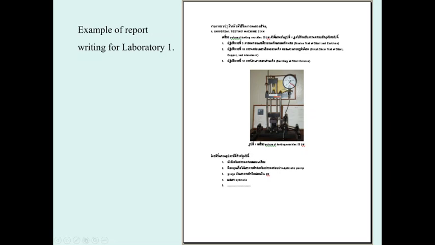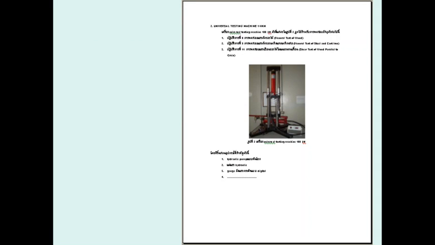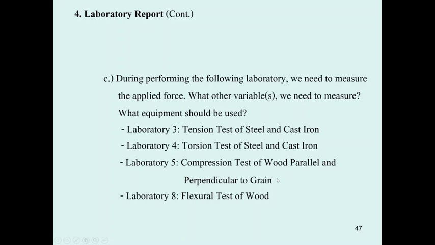So this is the detail of the testing machine, the universal testing machine. This is the lab that is going to use this machine. This is the detail of the important parts of the testing machine. For this machine also, you need to put the picture here, what it is going to be used for in the lab, and which portions of the machine are important.